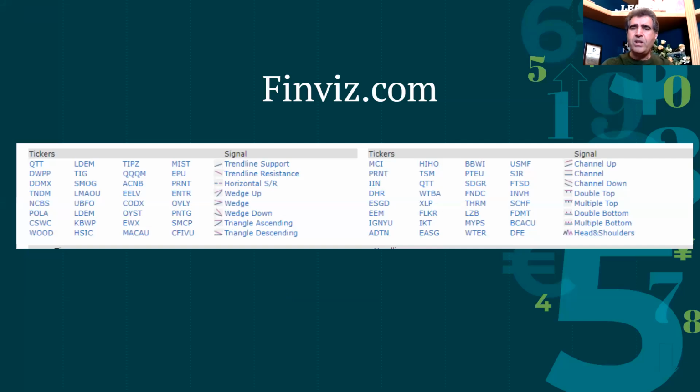So if you want candidates for your classic patterns, you can go to Finviz on the first home page. They actually give you some candidates, and basically they tell you, just by pressing on, let's say I want to go to just the wedge, not wedge up or wedge down or ascending triangle.